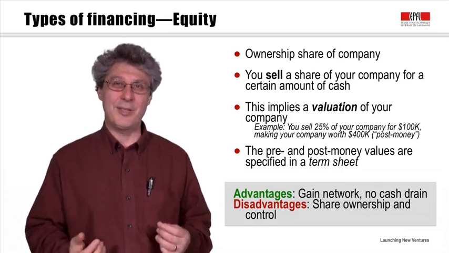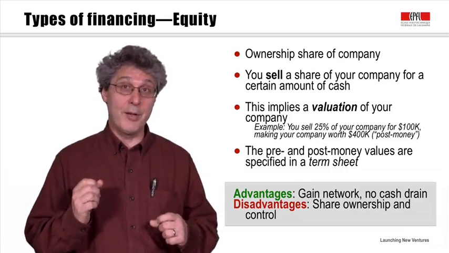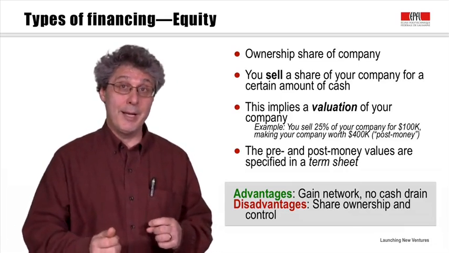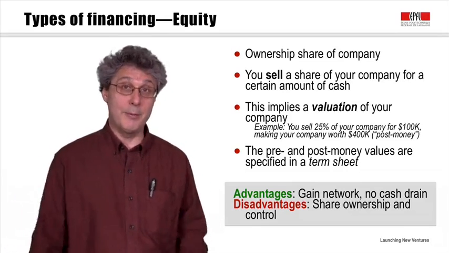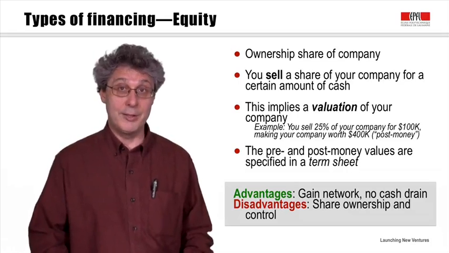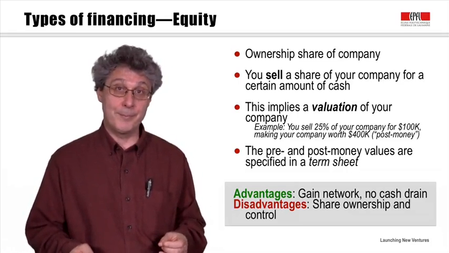All of these details, this kind of pre-money valuation, how much you're expecting, how much of the company you're giving up, and how much the company is worth afterwards, are specified in what is called a term sheet. This basically gives the terms and conditions for the investment itself.